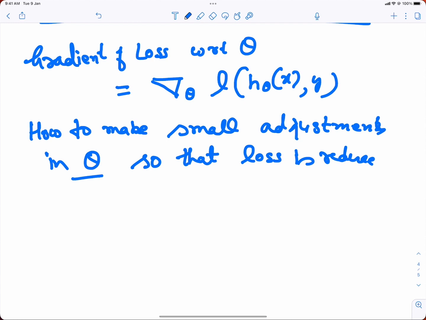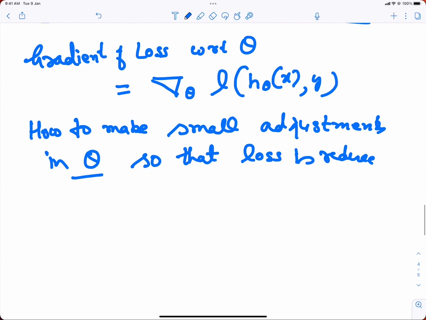And we know that if we compute the gradient and add the negative direction gradient into theta, then the loss will be reduced, because loss is also a function of h theta of x. So next time when we compute the gradient again, it will be less than what it had previously. This is what we know, and we can compute it using backpropagation. I'm not covering backpropagation here.